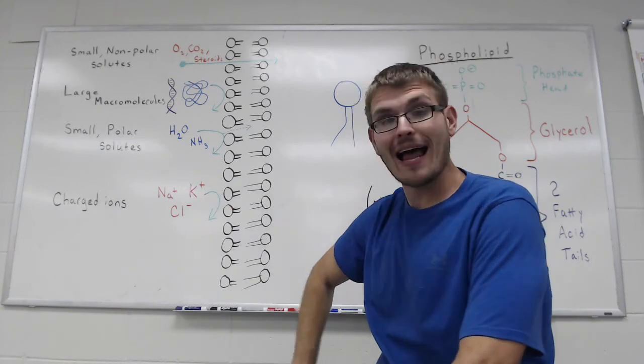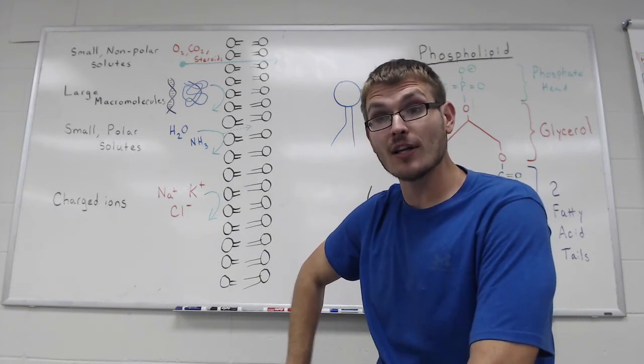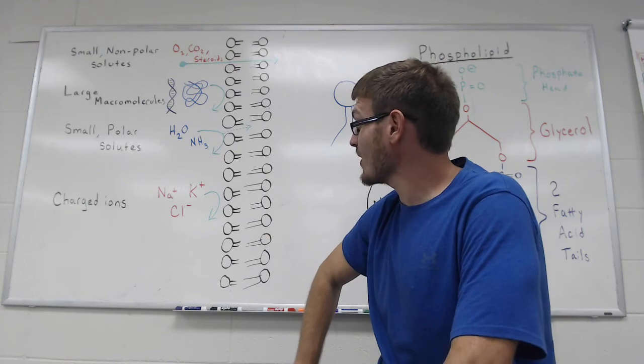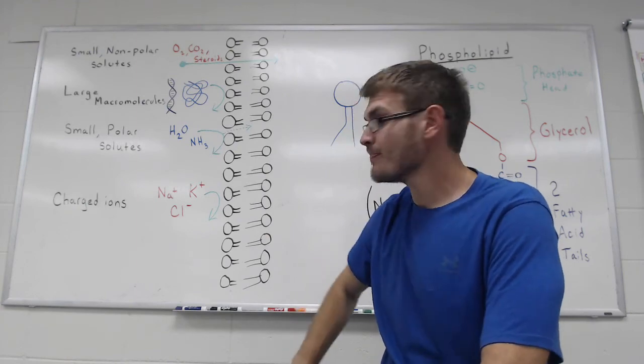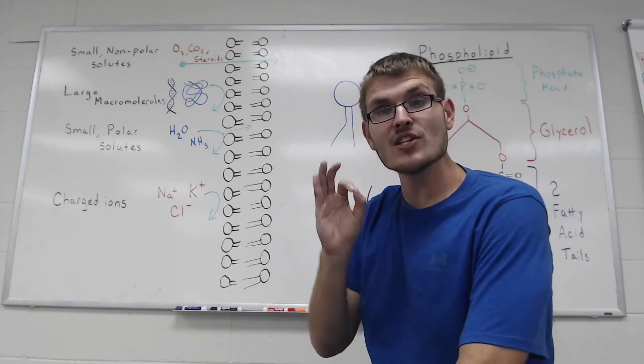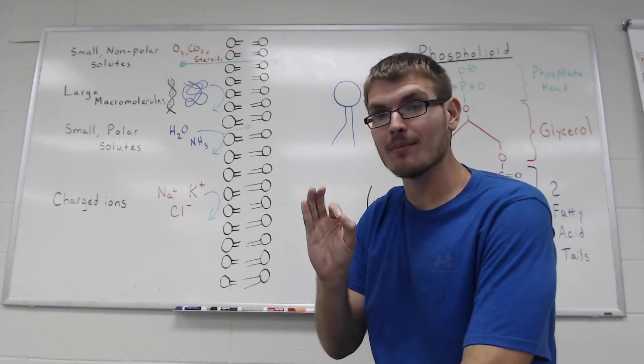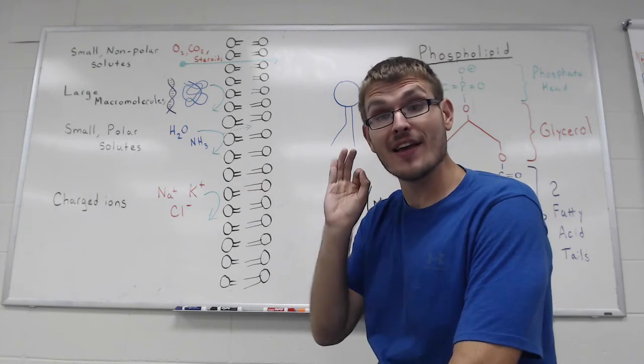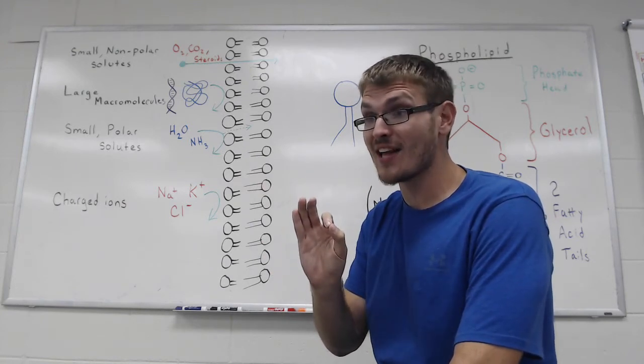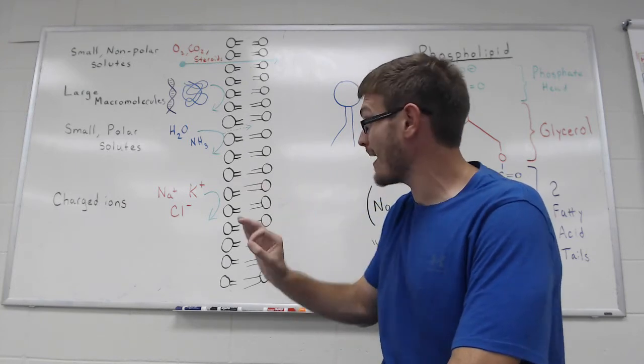And then finally, the last class we'll look at are electrically charged species like ions like sodium, potassium, and chloride. In these cases, these are as small as solutes can get. These are essentially the size of atoms. So definitely the exclusionary factor here is not their size. They are definitely small enough to make it through.